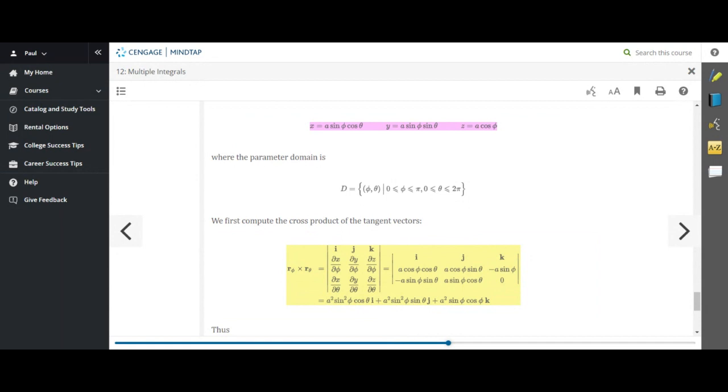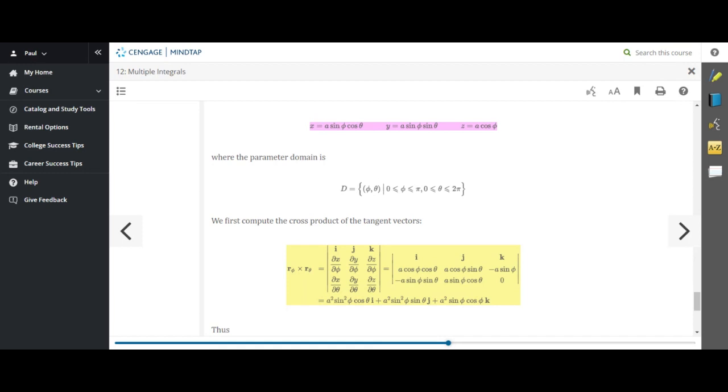That means we hold theta constant, and the three derivatives of the components are going to be a cosine phi cosine theta, a cosine phi sine theta, and negative a sine phi. That's what you see in the yellow highlighted part on the second line. And for r sub theta, you're treating phi like a constant, so you differentiate with respect to theta the parameters that you see in pink.